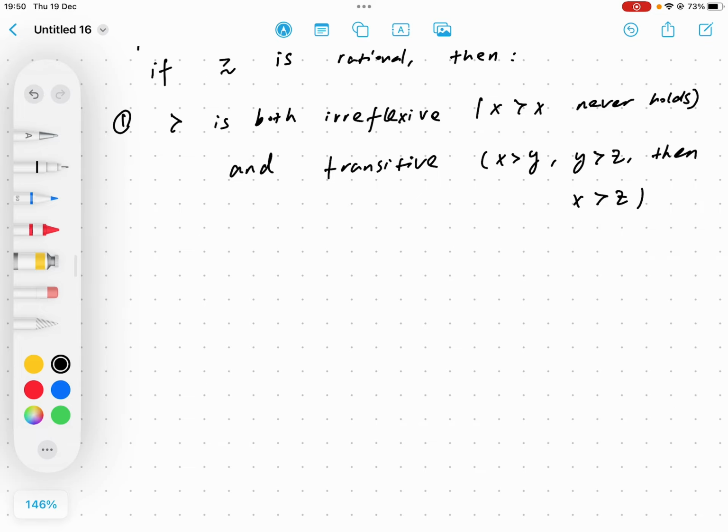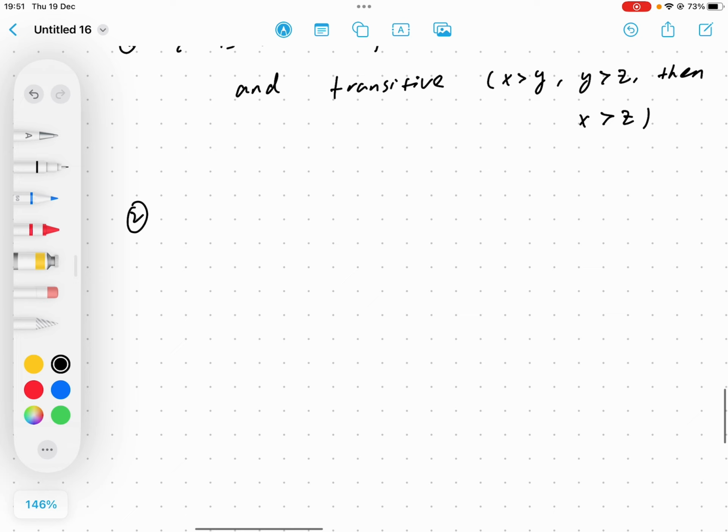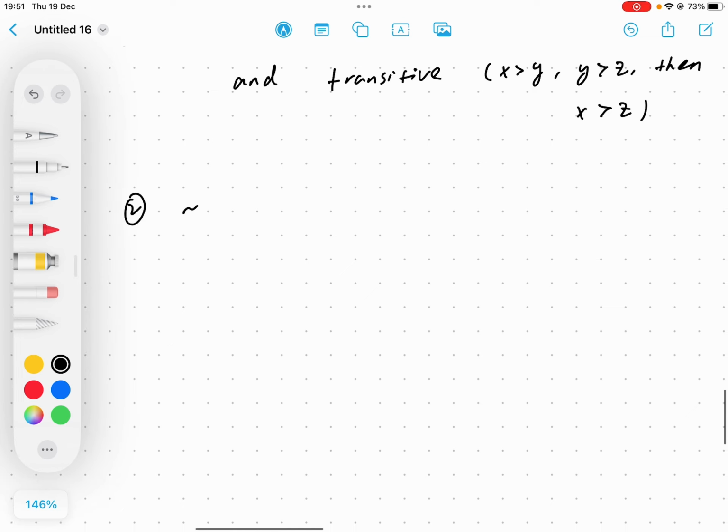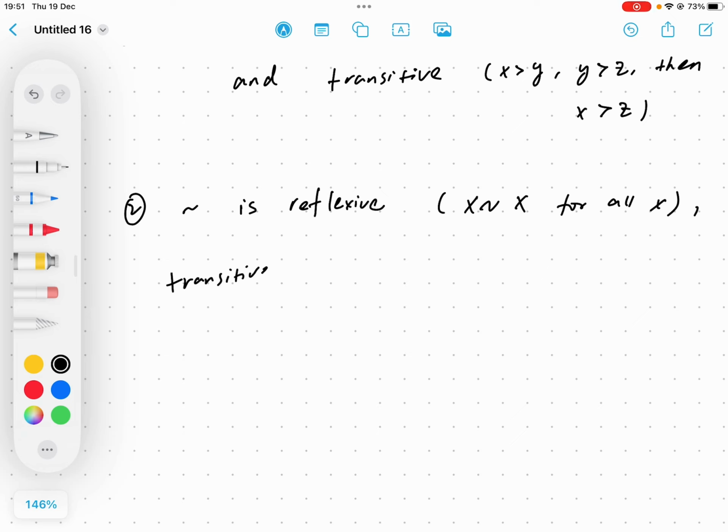The second is that indifference is reflexive. It's not irreflexive, it's reflexive. It means x is indifferent to x for all x, and this is obvious. It's also transitive: if x is indifferent to y and y is indifferent to z, then x is indifferent to z.